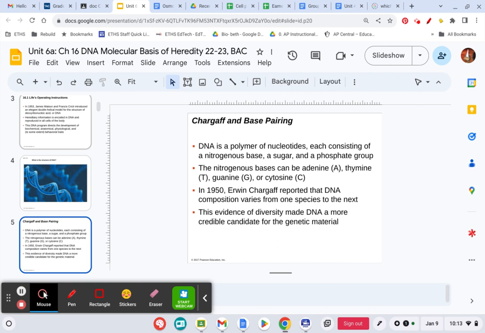Again, before we even knew that DNA was the hereditary molecule, there was a gentleman by the name of Erwin Chargaff. You won't need to remember names. Who was studying DNA. And he found that, what did he find here?